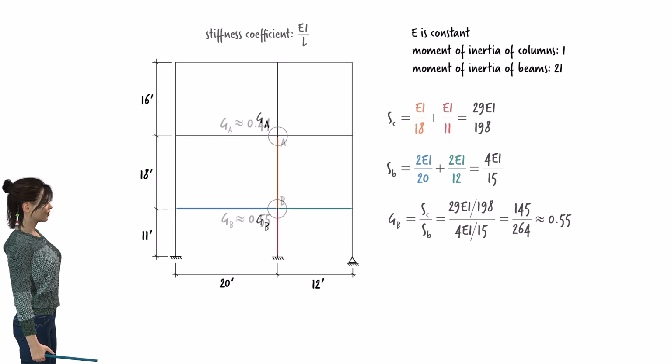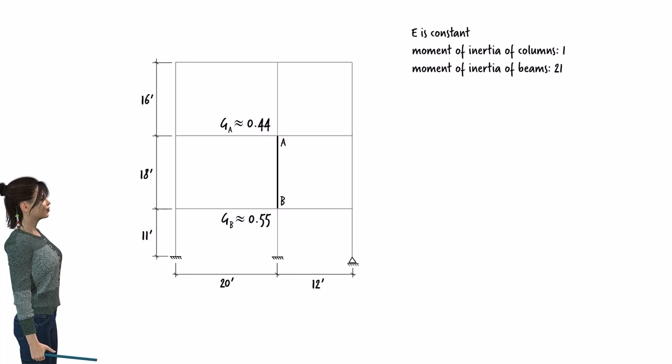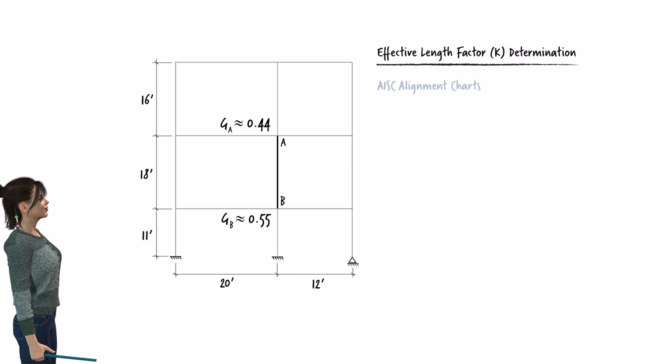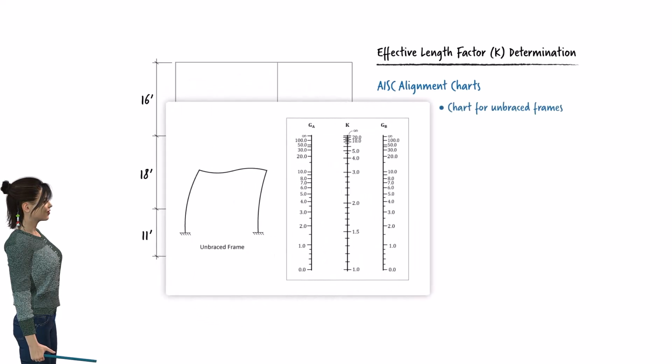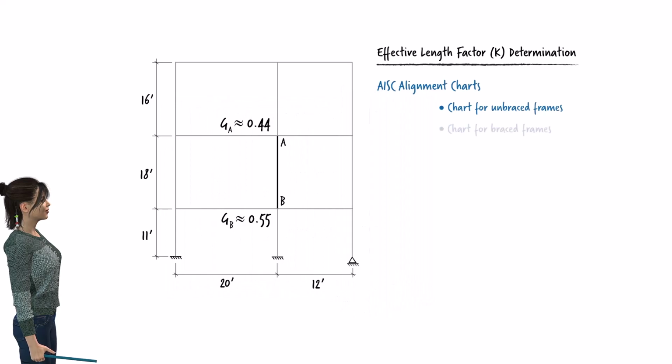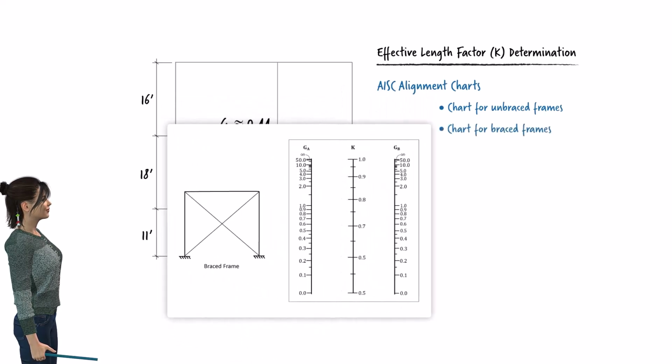Knowing GA and GB, we are in a position to determine the column's effective length factor. K can be determined using the alignment charts provided in the AISC manual. The manual gives two alignment charts, one chart for unbraced frames, frames that can undergo side sway, and one chart for braced frames, frames for which side sway is negligible.